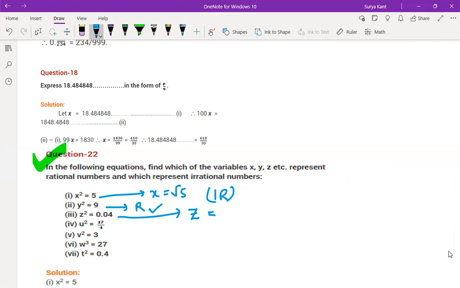What you can write for z? So root of 0.04. 0.04 again. What you can do for this? You can write 0.2. You should write 0.2. Or 0.02.